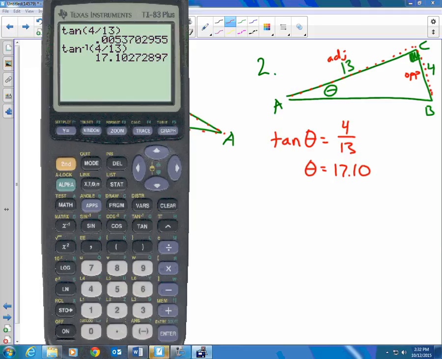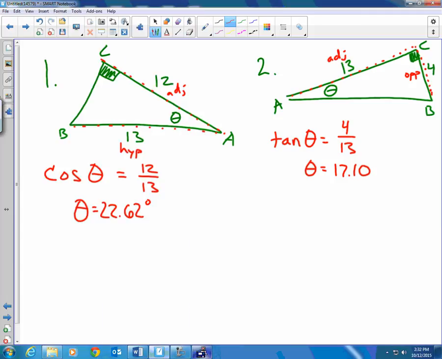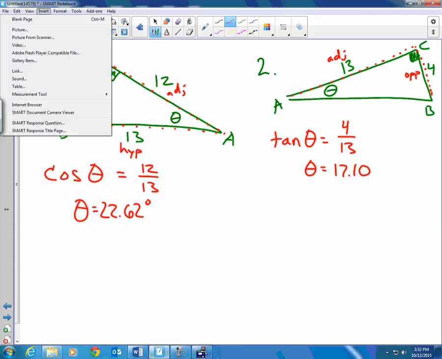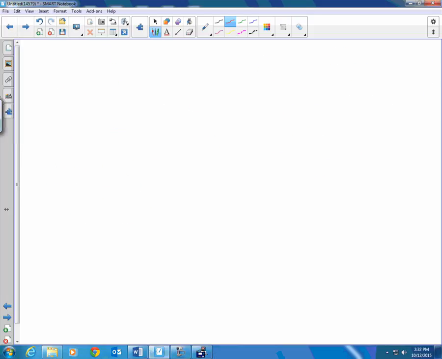Okay, move down to 9 and 10. Just fine. So for 3, 4, 5, 6, 7, and 8, all you're going to do is find theta. Okay. For 9 and 10, a little bit different. We'll do 2 of those together.